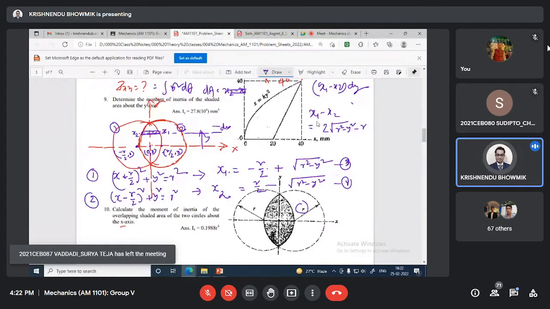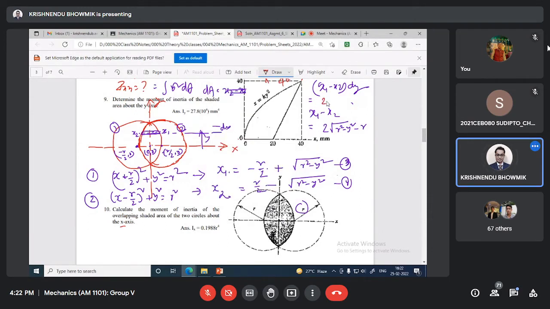This is x1 minus x2, so finally this value will be 2 square root r square minus y square minus r dy. That is dA, correct? So IXX will be the integration of y square times 2 square root r square minus y square minus r dy.